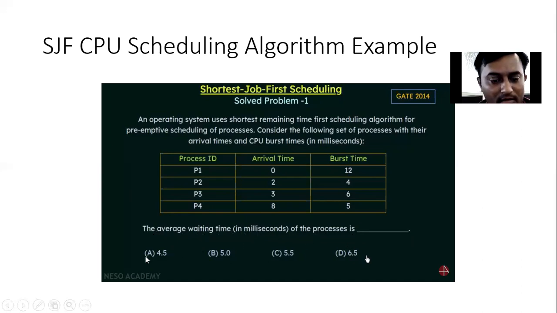The first one, A, is average waiting time of 4.5, B is 5.0, C is 5.5, or D is 6.5. Means that out of these available options, you have to pick any one option once you have executed this example successfully.